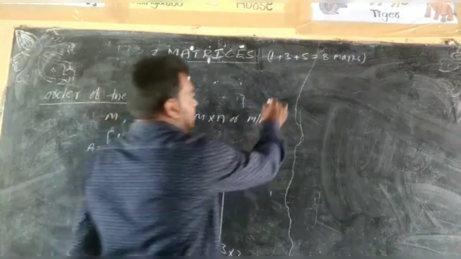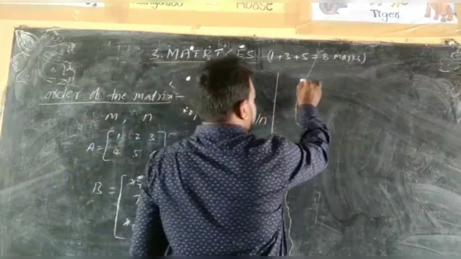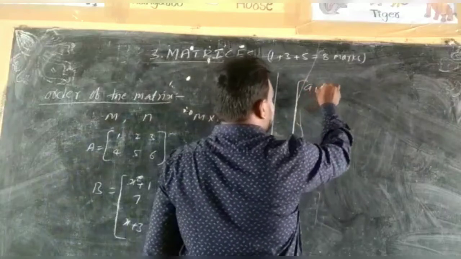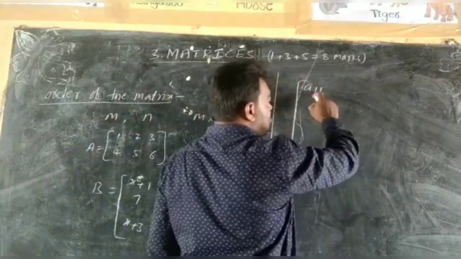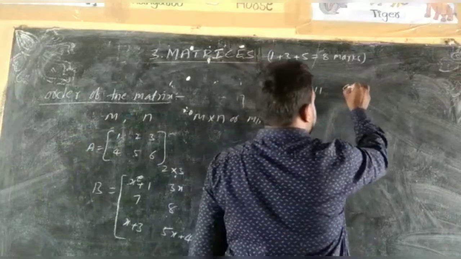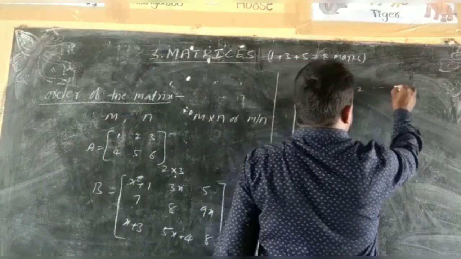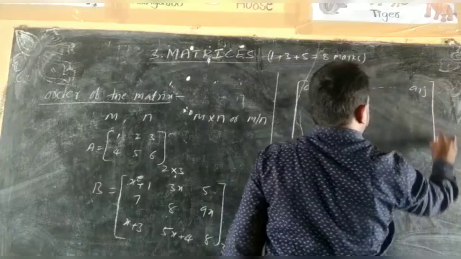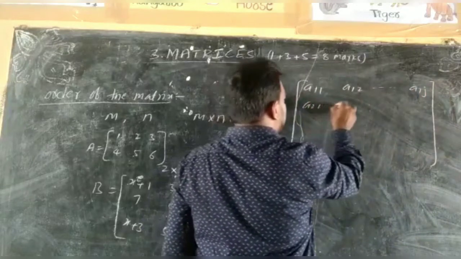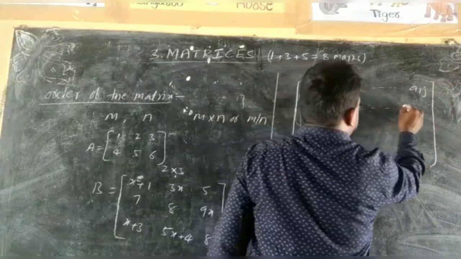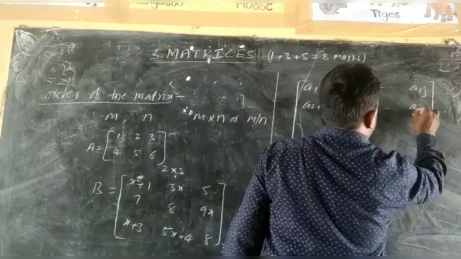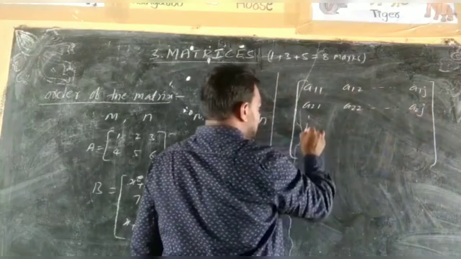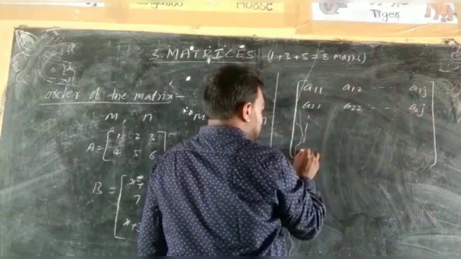So, I am writing one of the matrix, you see. This is the matrix. A11 means first row, first column element. Next to it A12, dash dash, A1j. Next A21, A22, dash dash, A2j, dash dash.